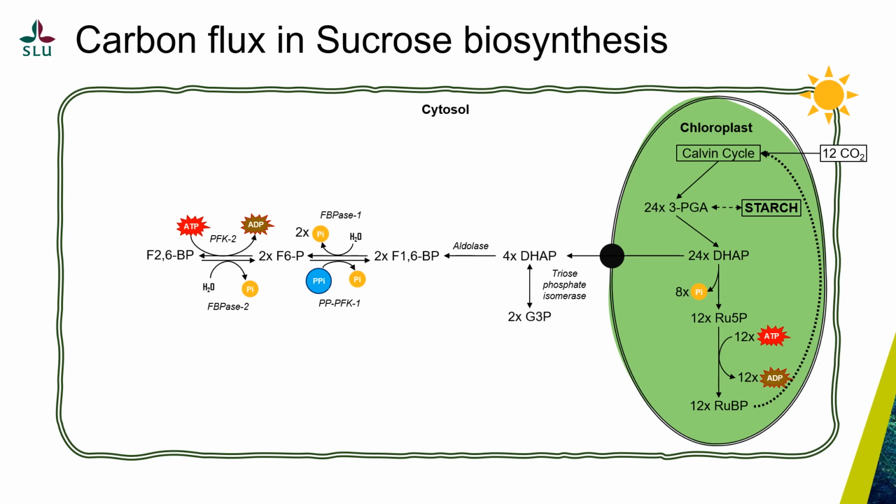This dihydroxyacetone phosphate is very important in maintaining the photosynthesis homeostasis. It can also be converted into glyceraldehyde 3-phosphate, which leads to the synthesis of lipids, which we might come to later on in the presentation.